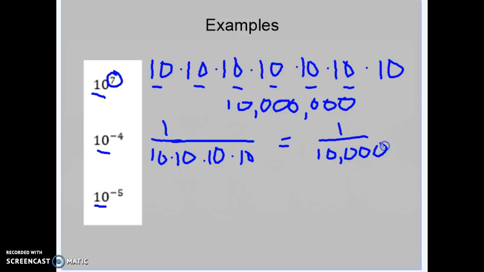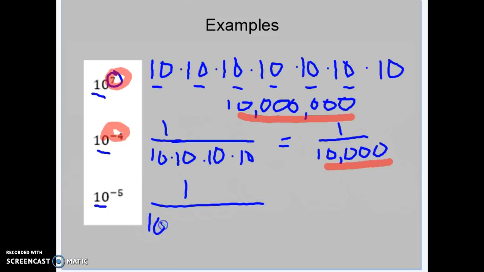What I want you to notice here is, here my exponent was 7. How many zeros did you have? Here your exponent is negative 4, which means it turned into a fraction, but how many zeros do we have? Let's see if that pattern continues on. So we have 10 to the negative 5th, turns into a fraction.